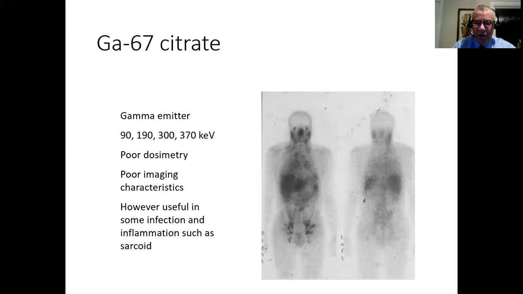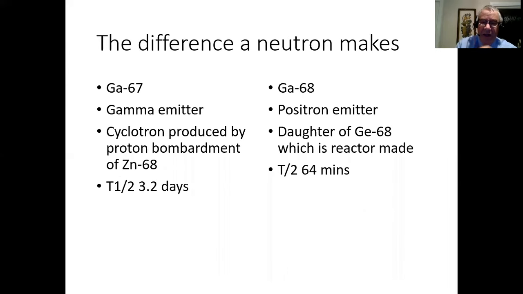And also, the imaging characteristics are fairly poor because these high gammas produce a lot of scatter. But it was found useful for inflammation and infection. And this is a patient with sarcoid with uptake of gallium seen in the lacrimal glands, nasal mucosa, parotids, lungs, liver, and lymph nodes in the inguinal region.